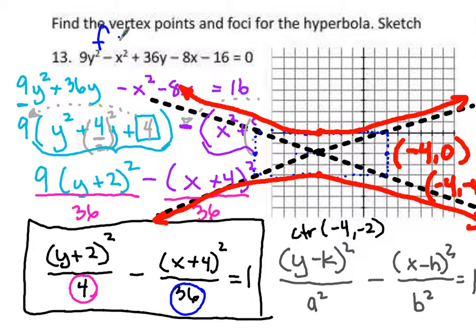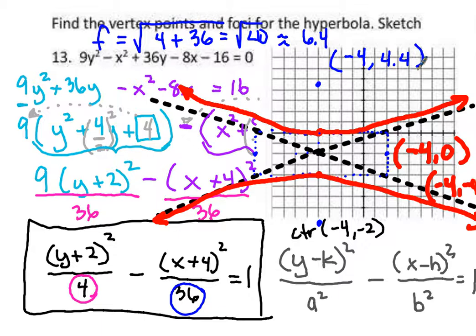And then the last thing you need to do is put in your foci. Your foci for a hyperbola are found by adding your 2 denominators together and square rooting them, which is the square root of 40, which is about 6.4. So from the center, we go 6.4 units away in each direction.